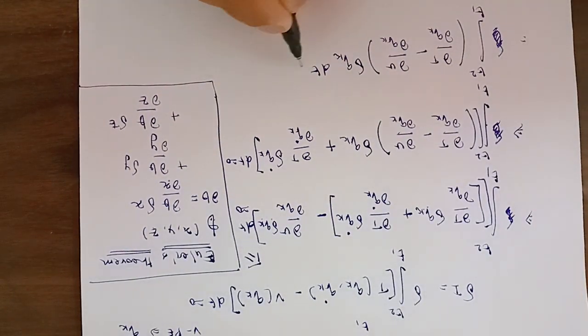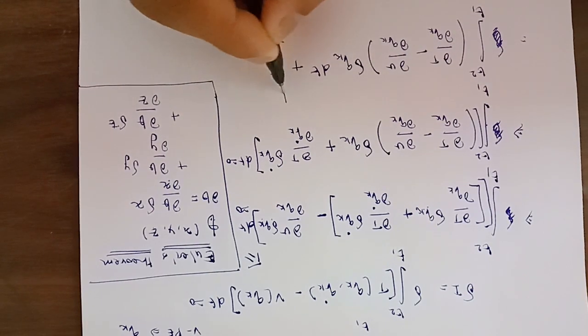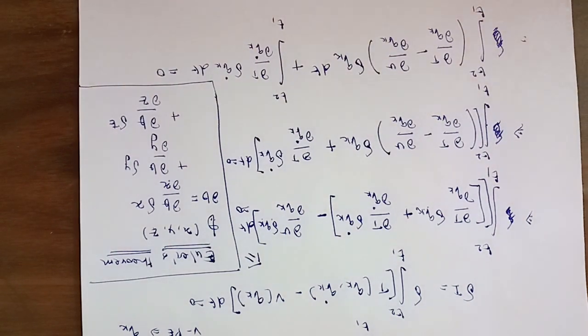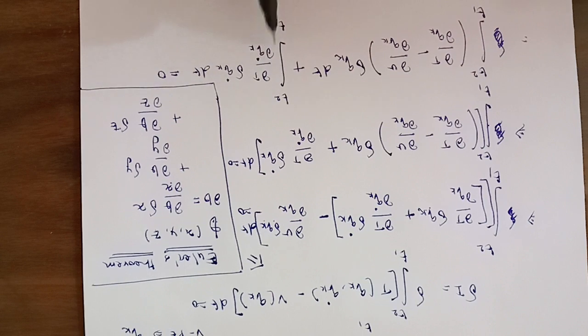Now plus integral t1 to t2 dou T by dou qk dot delta qk dot dt, that is equal to 0. So the integration is applied separately for both quantities: integral t1 to t2 of (dou T by dou qk minus dou V by dou qk) delta qk dt plus integral t1 to t2 dou T by dou qk dot delta qk dot dt equal to 0.